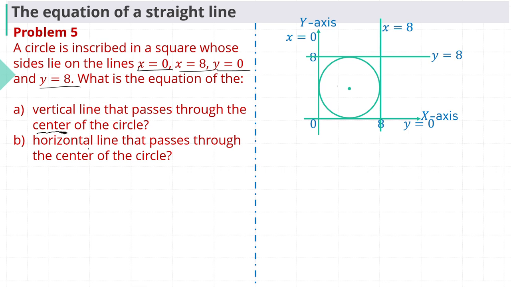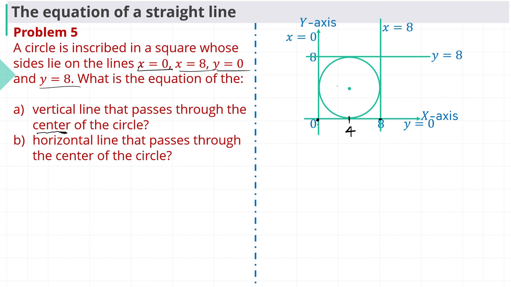So what are the coordinates of the center? Now, the diameter runs from the point 0 to the point 8 on the x-axis, and so the center is going to be at the middle of this distance, 8 units. That tells us that the value here is going to be 4.